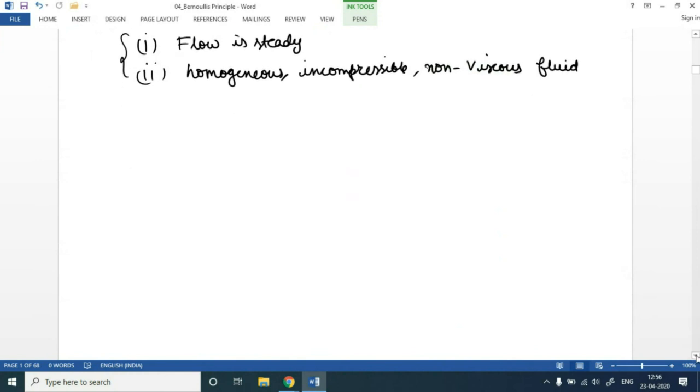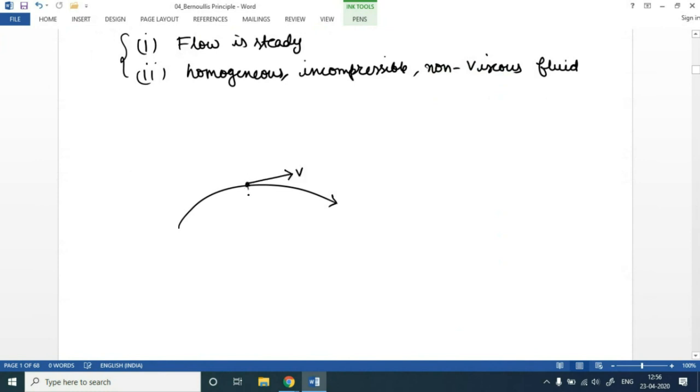So let's have one simple problem with regard to streamline flow. Let's look at this problem. Let's say we have a streamline flow, and this is how the streamline looks. At this point, let's say the velocity is v.